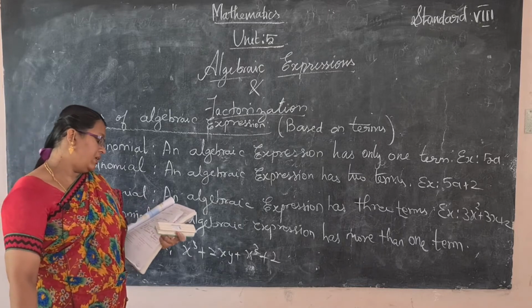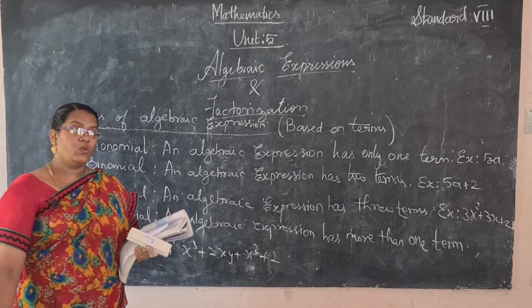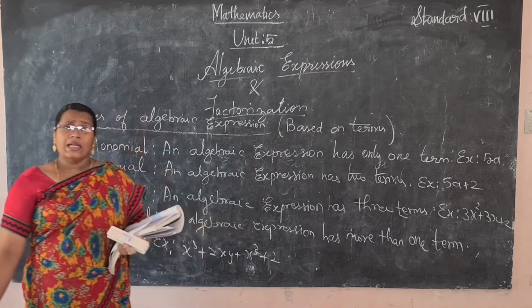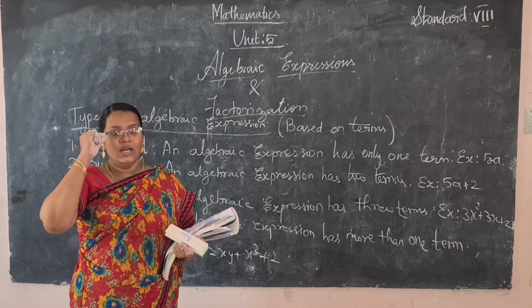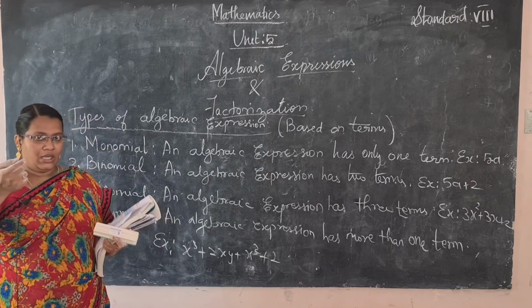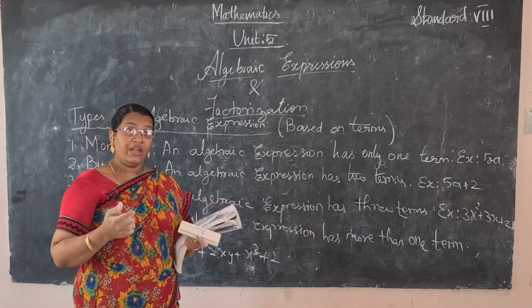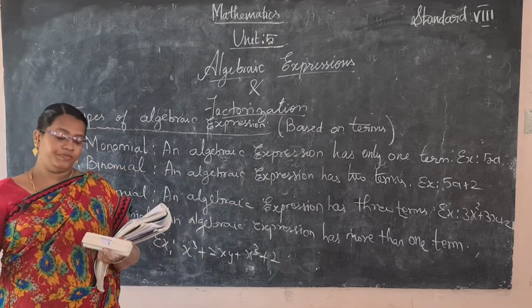And next we have learned the degree of an algebraic expression. What is the definition of the degree of an algebraic expression? The highest power of the variable is called the degree of an algebraic expression. Highest power, or highest exponent, or highest degree of the variable.